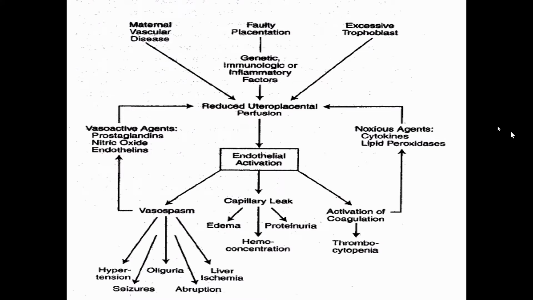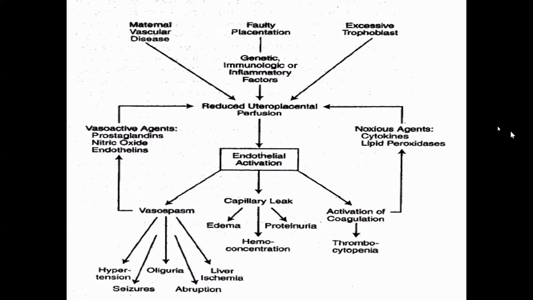This will lead to vasoactive agent activation like prostaglandin, nitric oxide, and endothelins, lipid peroxidase, and there will be endothelial cell activation that will lead to vasospasm. Capillaries will become leaky, and there will be activation of the coagulation system. Whenever there is vasospasm, it will lead to hypertension, seizures, oliguria, abruption, and liver ischemia. Endothelial cell activation can lead to capillary leak, which will lead to edema, proteinuria, and hemoconcentration.